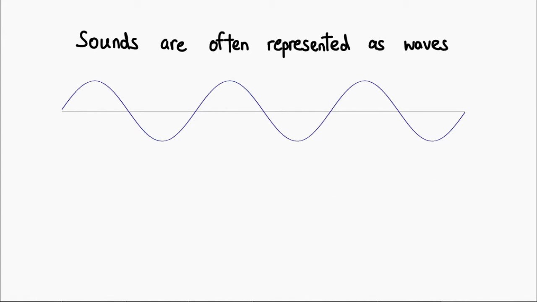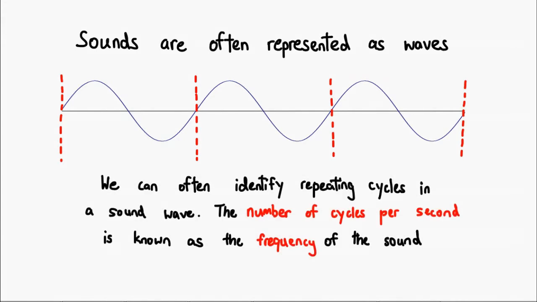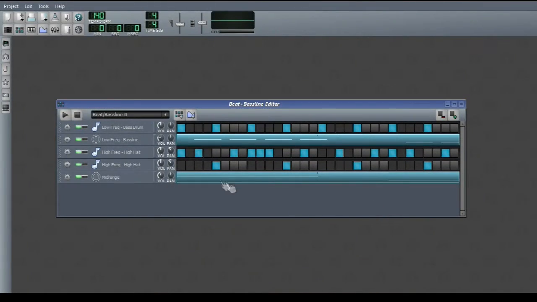And the rate in which this happens, the number of vibrations per second, is actually measured using a unit called frequency. A higher frequency corresponds to a higher pitch, and the opposite is true as well. So the low frequencies in a piece of music are normally things like drums and bass line.